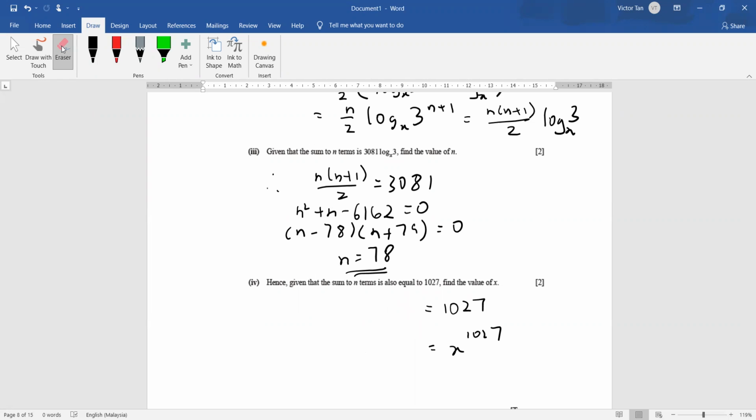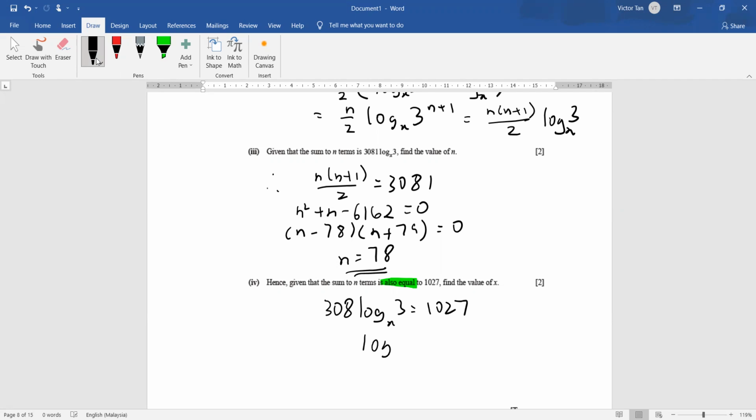So the keyword in this question is 'also equal'. So you have 3081 log x3 equals to 1027.